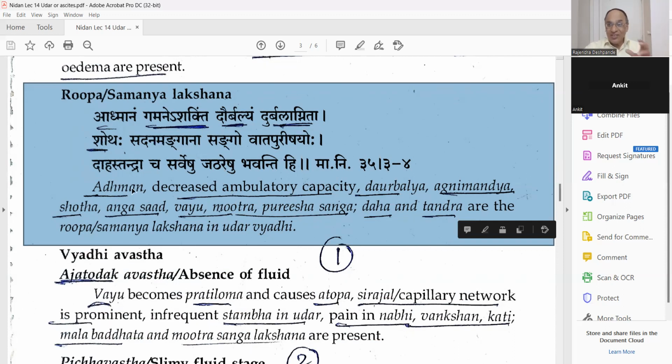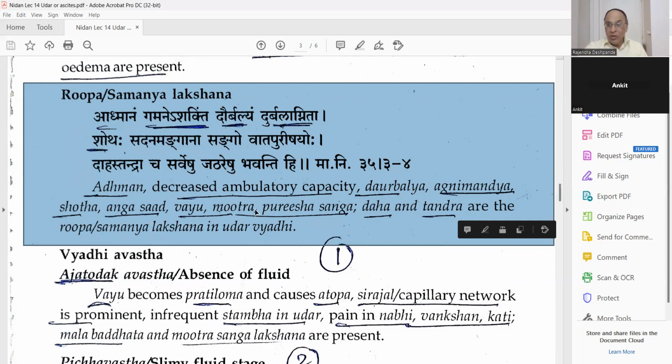Adhmana: gas in the stomach, decreased moving capacity. The person feels so weak that he cannot walk here and there, cannot do the regular exercises. Daurbalya. Then Agnimandya: metabolic process is on the lower side. Shotha: edema will be there. Angasada: the whole body is like draining out, energy is drained out.